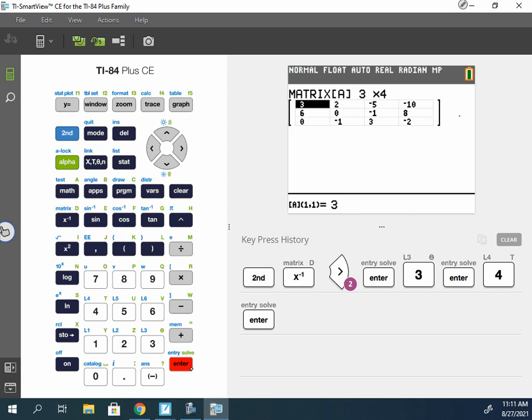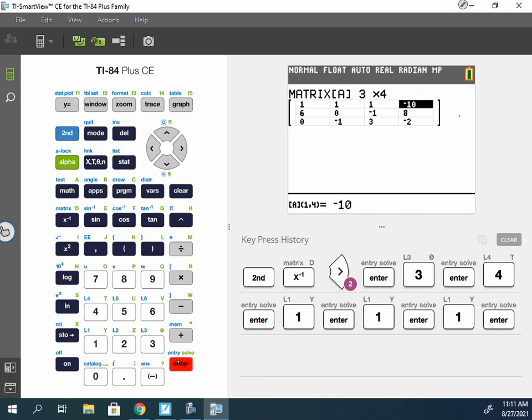Now what we're going to do is we're going to input each element. And you can do that by hitting the number and then hitting enter. So you don't have to use the arrows. So I can go 1, enter, 1, enter, 1, enter, 2, enter. I've got the first row.